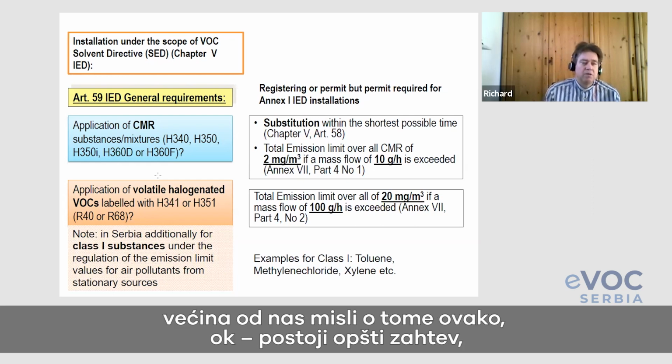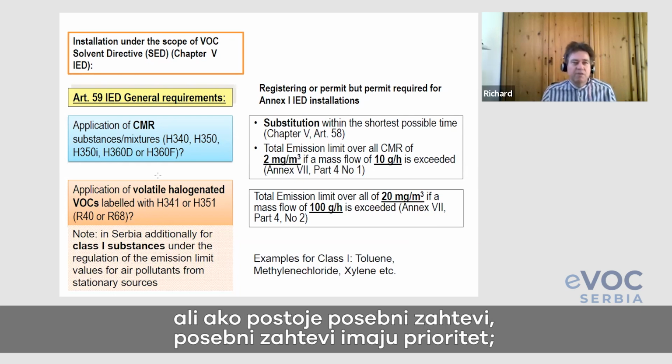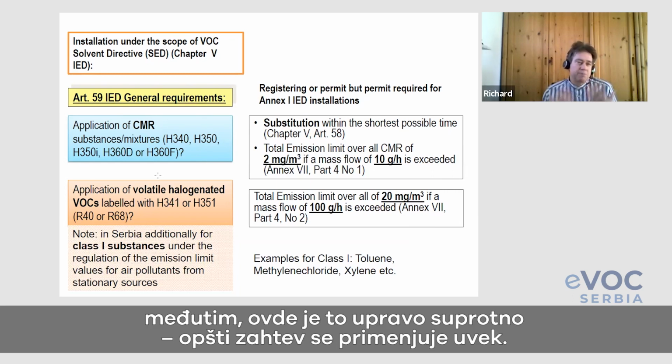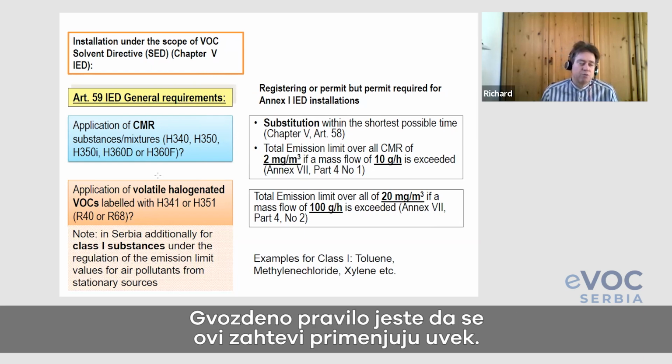I think most of us are thinking, okay, I have general requirements, but if there are specific requirements, the specific requirements have priority. That's my thinking. But here it's opposite. The general requirements will apply always. The iron rule, they will apply always.